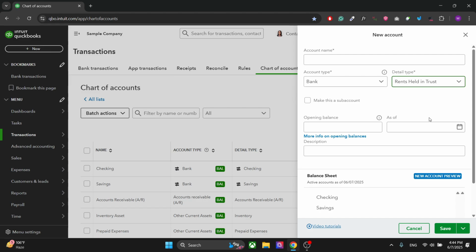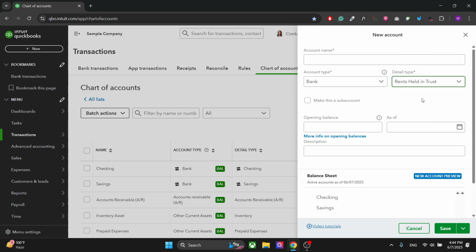So, for example, let's say you have a property management company that collects $5,000 in rent from tenants and holds it in a trust account before distributing it to the property owner. Or let's say you have a real estate firm that holds $2,000 in security deposits for tenants in a trust account, then you will add them here as well.